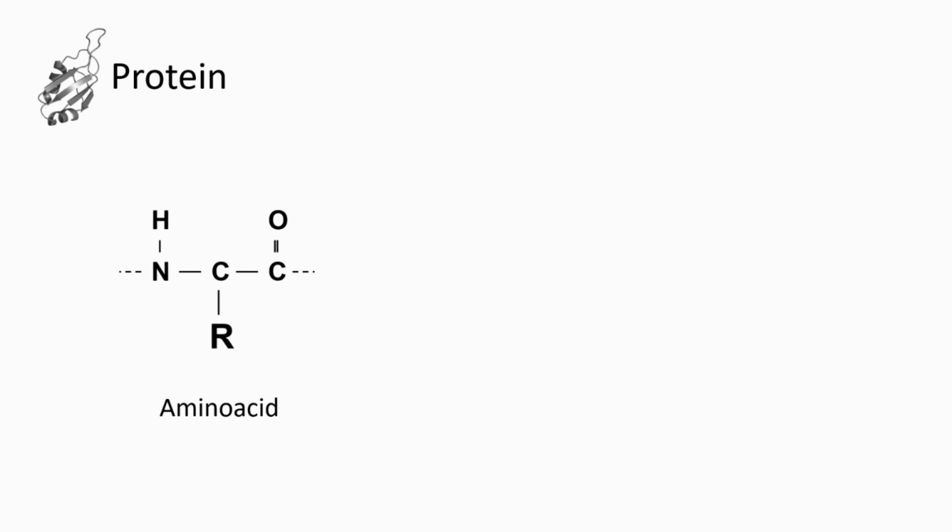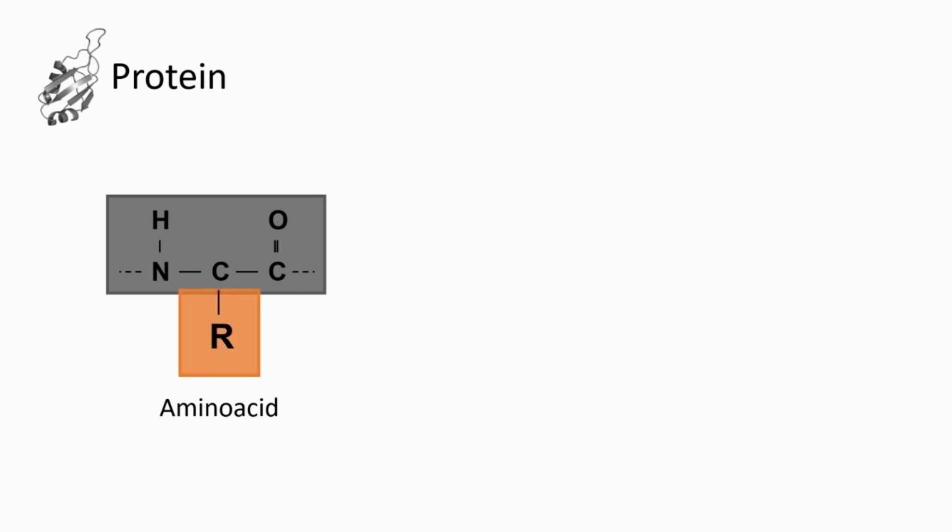All the amino acids that we can find in our proteins usually have a constant part, highlighted in gray, and a variable part highlighted here in orange. This part is usually called the side chain, and it is what gives the flavor, let's say, to the different amino acids. So it's really important for the formation of the final protein.